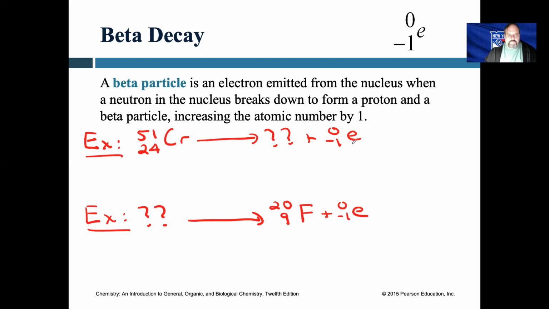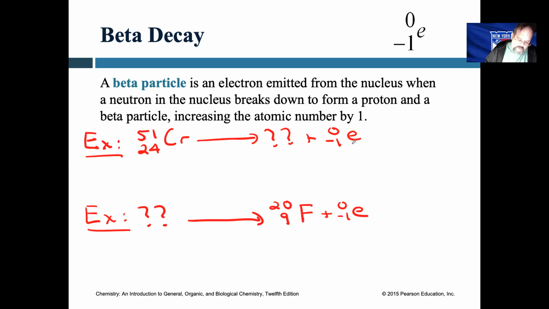All right. So chromium with a mass number of 51 is a beta emitter. Isotopes that release beta particles are essentially beta emitters. What we want to do here is find the mystery substance that it becomes when it releases a beta particle. So let's start with the atomic numbers. On the reactant side, we have 24.